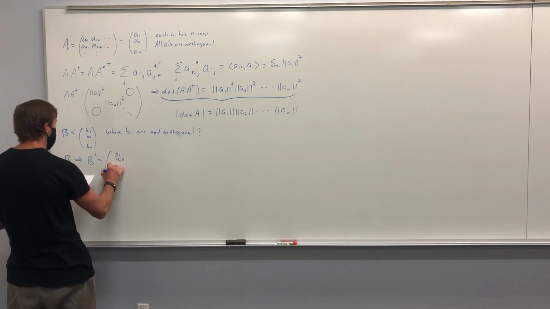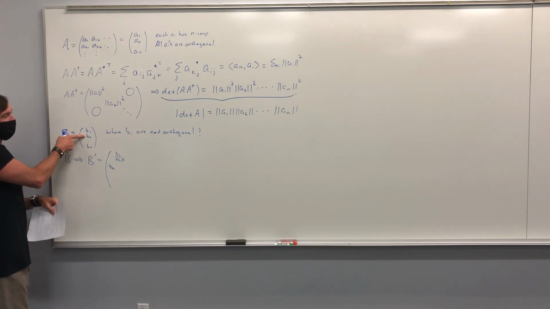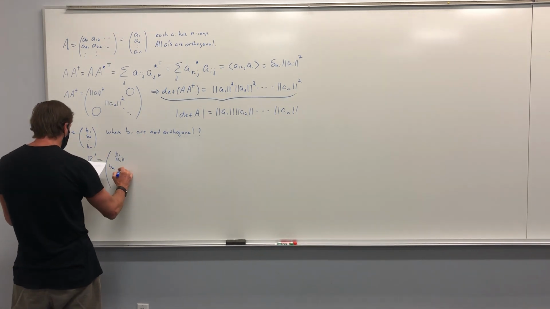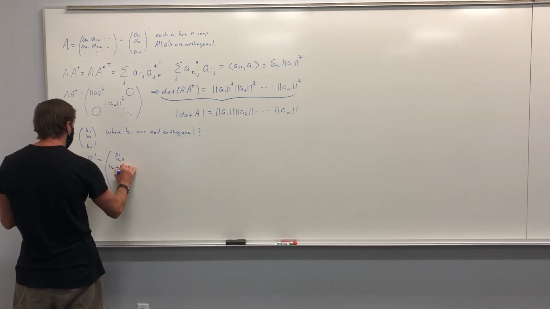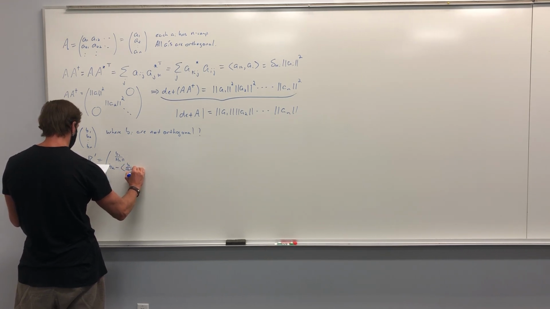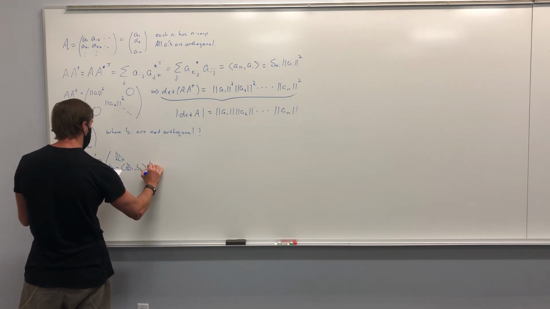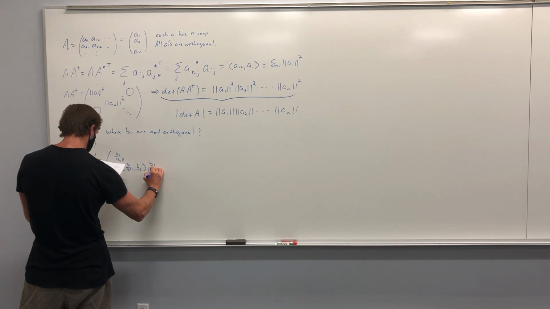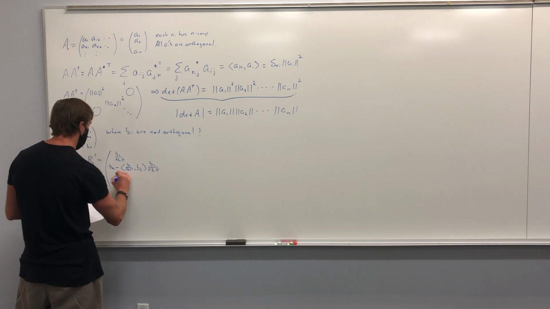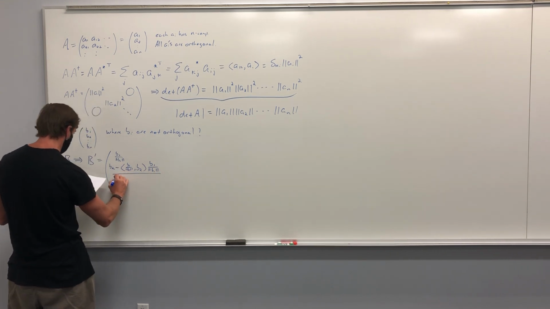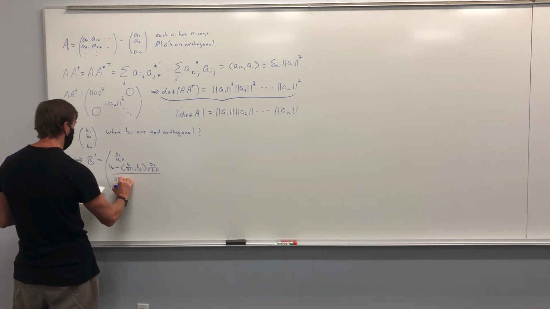The next one will be B2, the second element, minus the inner product of B1 with it, times the basis vector B1, all over the magnitude of this whole thing.